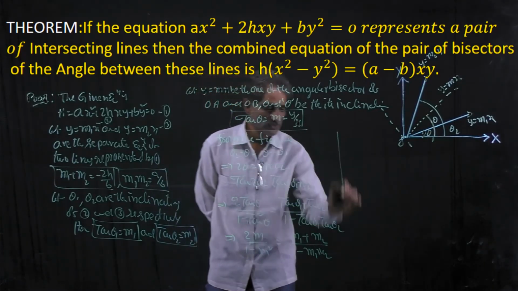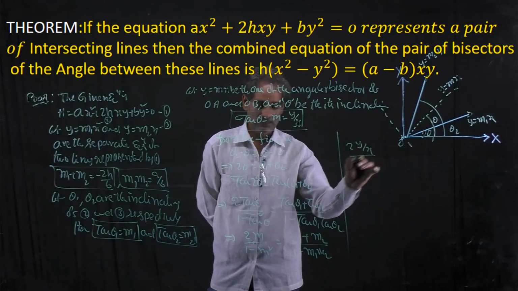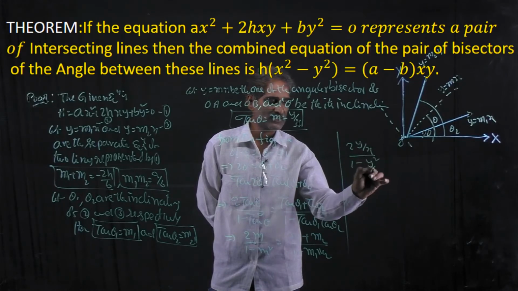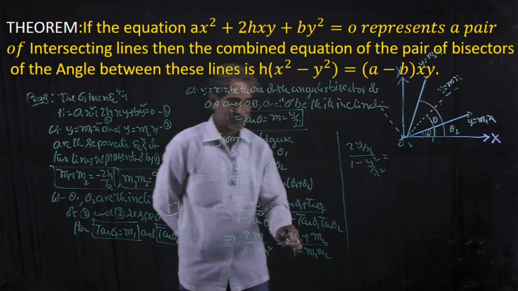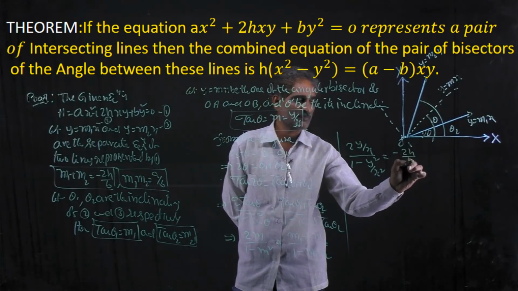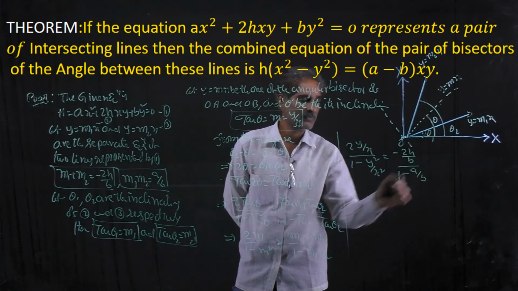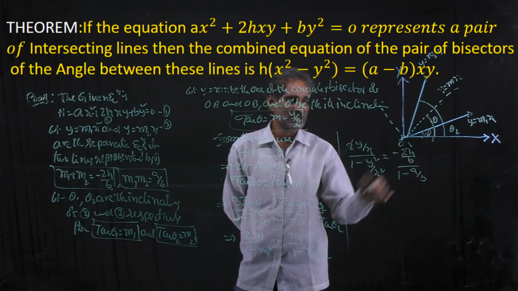Okay, so now come to this. M is equal to y by x. 2 into y by x by 1 minus y square by x square, that is equal to m1 plus m2, minus 2h by b by 1 minus m1 m2, a by b. See here 2 gets cancelled.